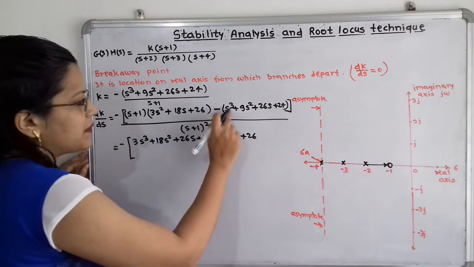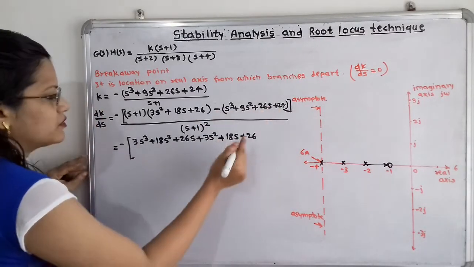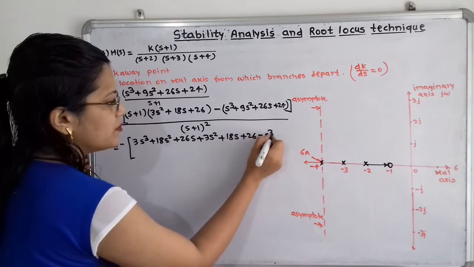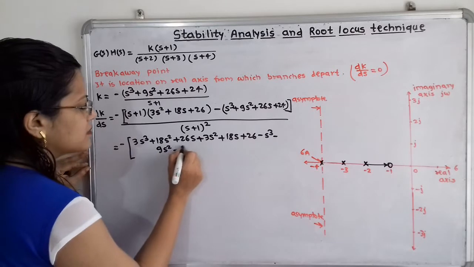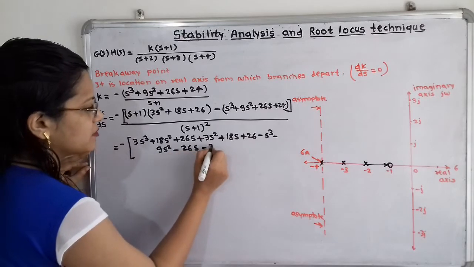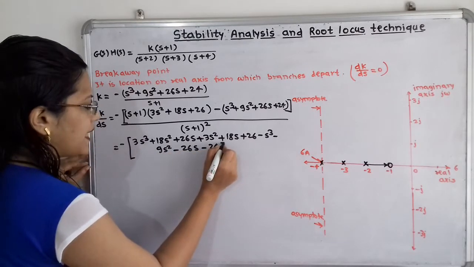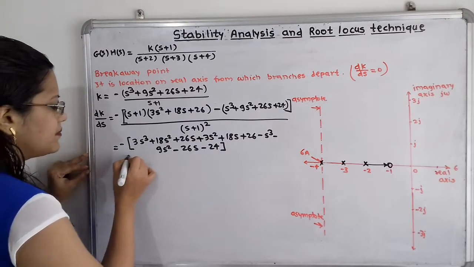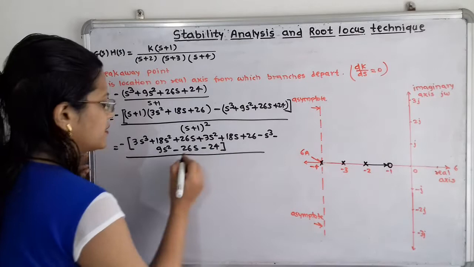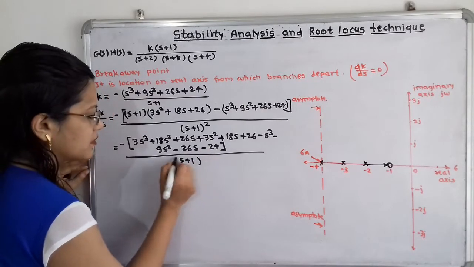Now I will multiply this minus sign inside. So here minus s cube minus 9s square minus 26s minus 24. So this bracket is getting completed, divided by s plus 1 bracket square.